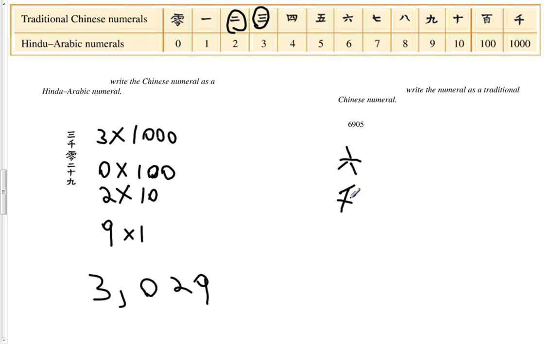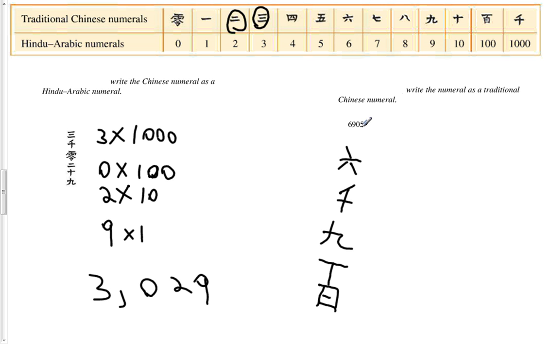So there's 6,000: the numeral for 6 and the numeral for 1,000 are multiplied. 900. Well, here's the numeral for 9, and the numeral for 100 is this one here.